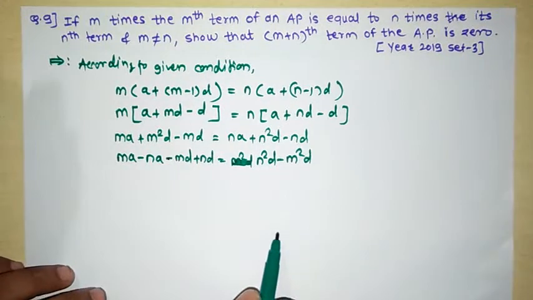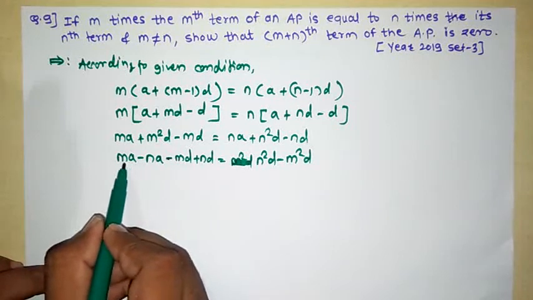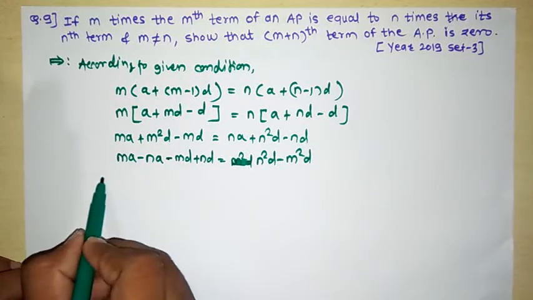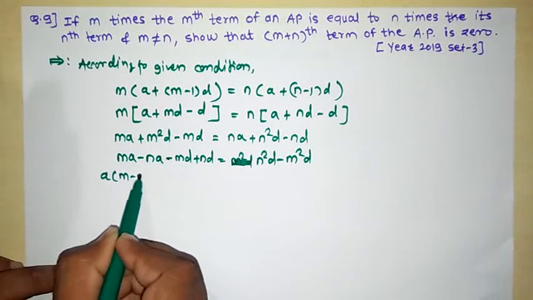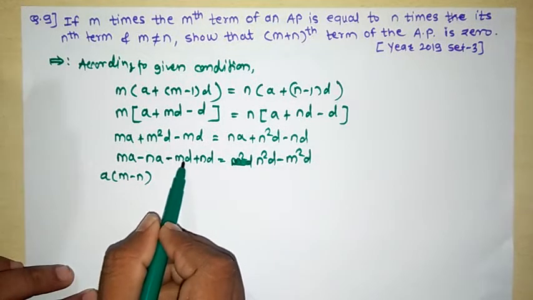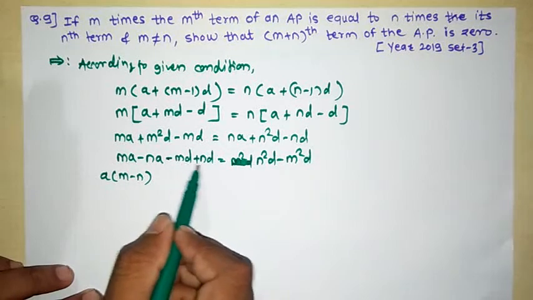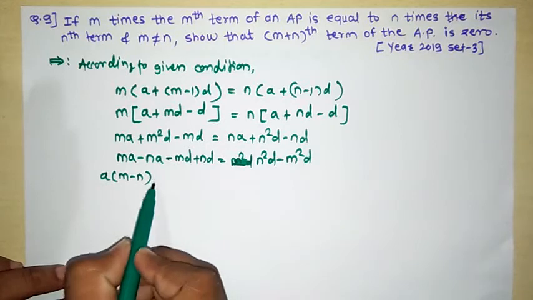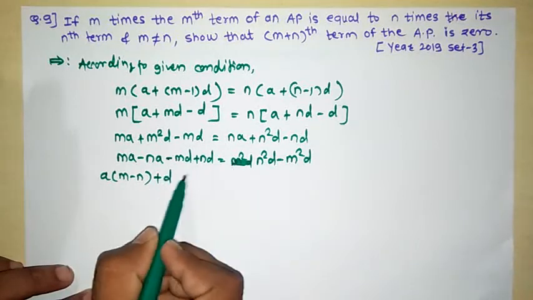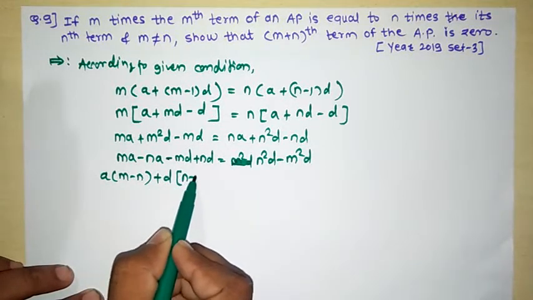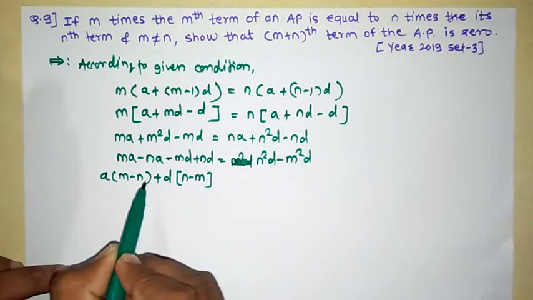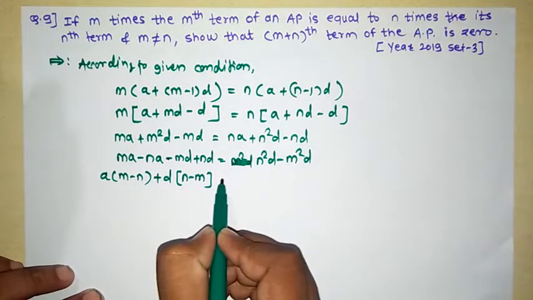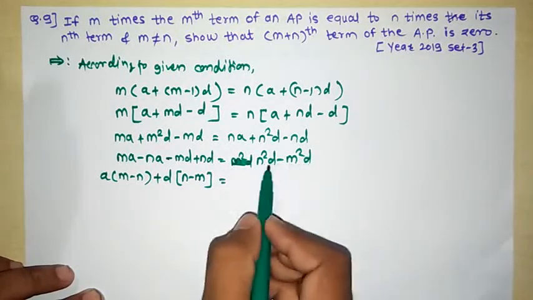Now see here friends, from these two terms ma minus na, take a common. In the bracket m minus n will remain. And from these two terms we have to take plus d common. If we take plus d common, in the bracket n minus m will remain. Which is equal to, from these two terms take d common.